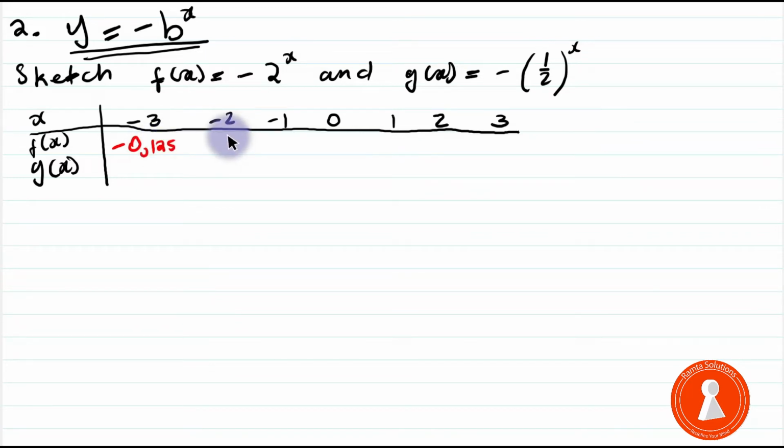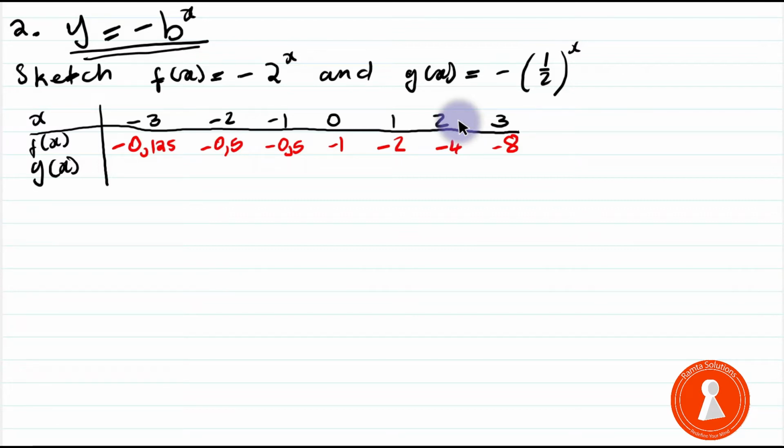This one, 2 to the minus 2, was a quarter, so it'll be negative quarter. This one was a half, so it'll be negative half. This one was 1, so it'll be negative 1, negative 2, negative 4, negative 8. All right.